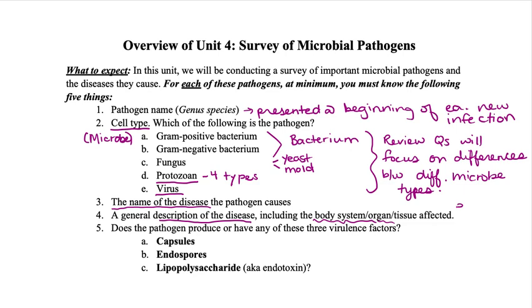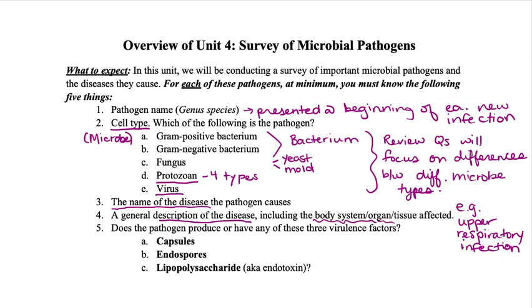So for example, the common cold is an upper respiratory infection or inflammation of the nose. Meningitis would be an infection of the meninges, which are the membranes surrounding the brain and spinal cord. So that would be a nervous system infection.